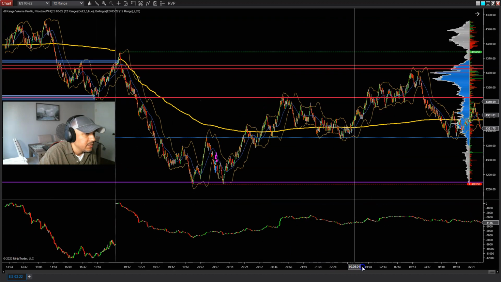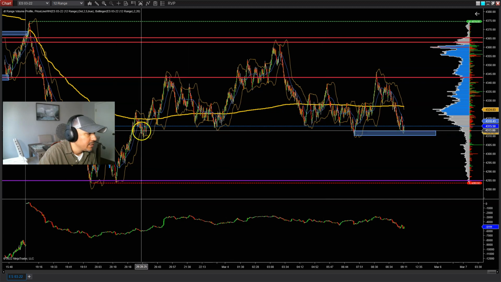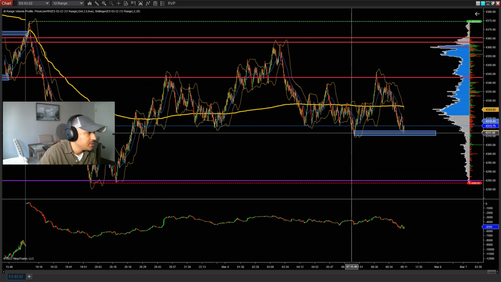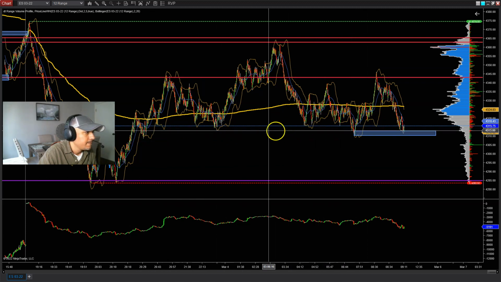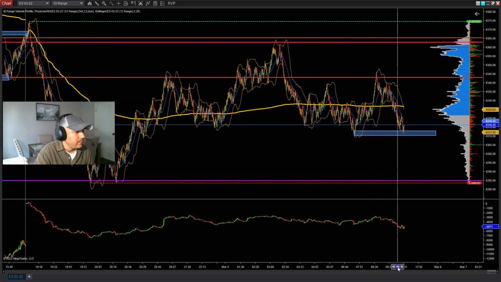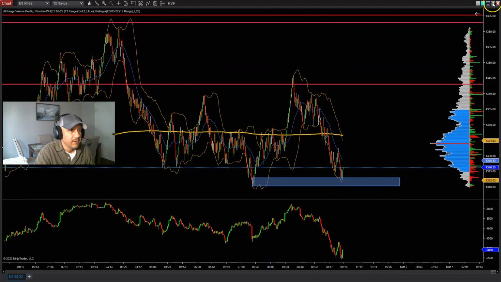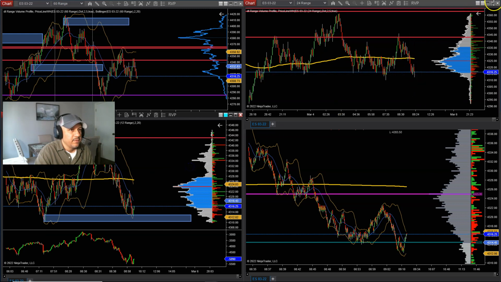Price is rejecting. This area right here, it's projecting this low right here, and yes, you have support right here. Okay, so be careful. Price is projecting that area, but we have resistance right above us, so be careful.